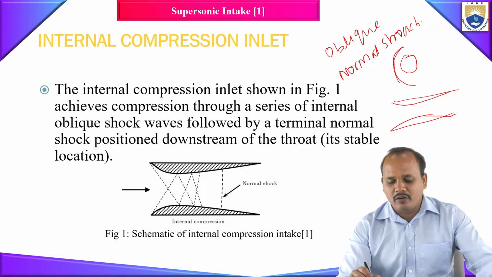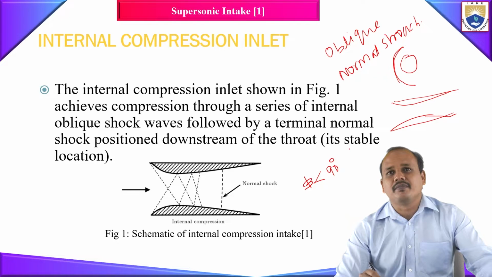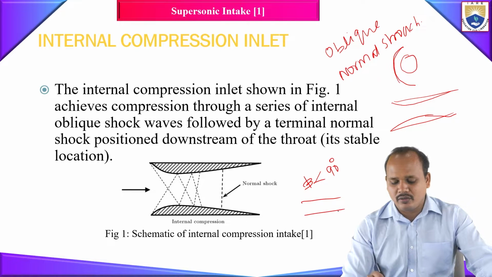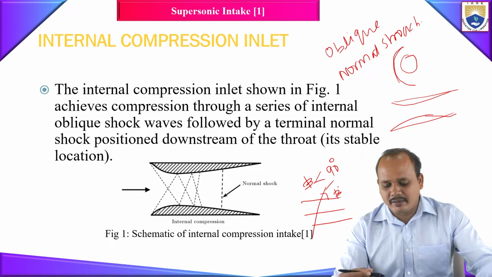So what is this normal shock and what is this oblique shock? Basically, a shock wave with a shock angle less than 90 degrees is what we call an oblique shock wave. Suppose this is your flow. If you have a shock wave, the angle beta between your flow and the shock wave is what we call the shock angle.